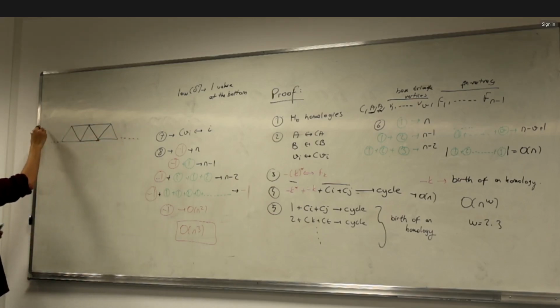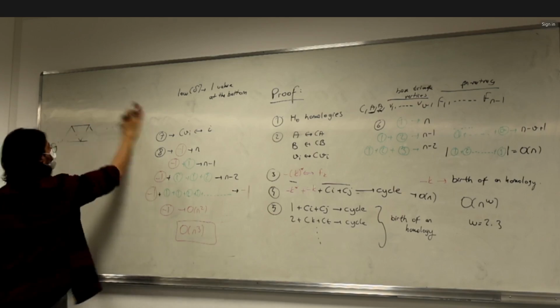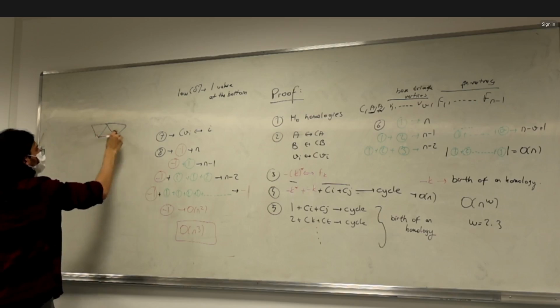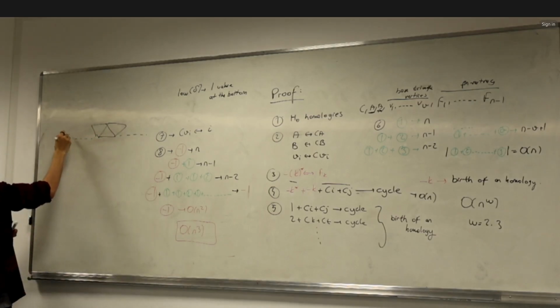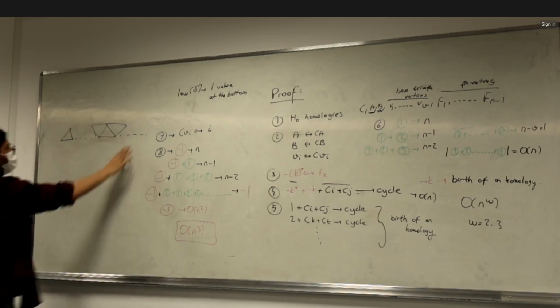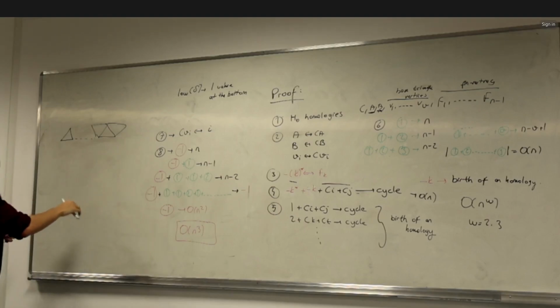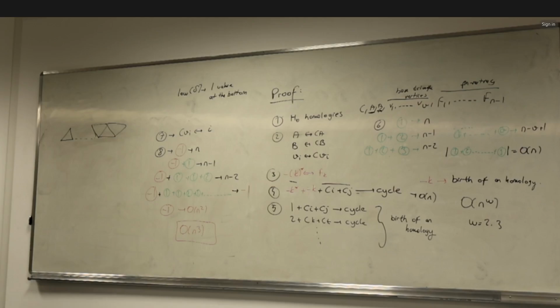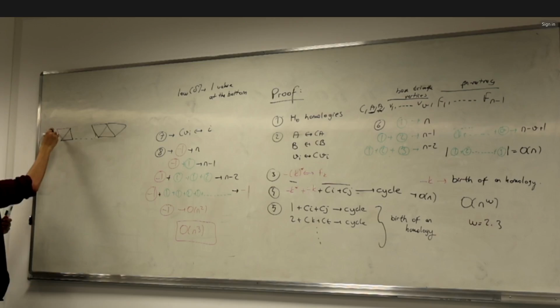So at one point, we had n minus 1 many triangles for a given n, and then we add an extra triangle here that has vertex C.